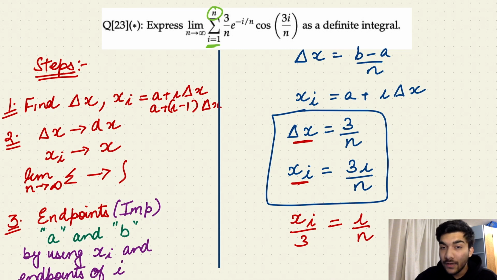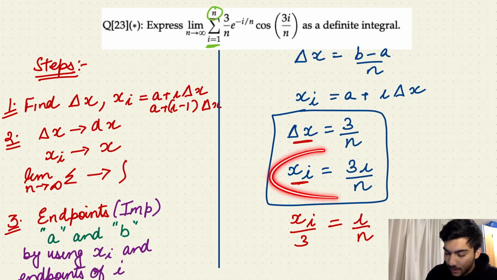I know in some scenarios you won't need to go through the whole process in order to calculate the endpoints, because sometimes the endpoints are clearly visible based on the notations that you have. You can also take the example of this question, because if I had to solve this question using only comparisons, I can see that based on this xi and these notations, my a is equal to 0, because xi is 3i by n, which can be compared to a plus i delta x, and this gives me an idea that my a is indeed 0.